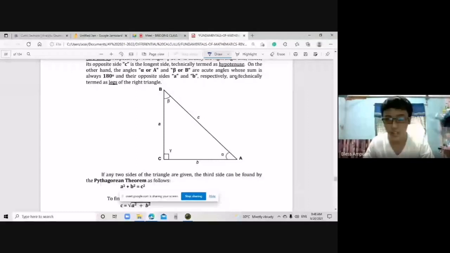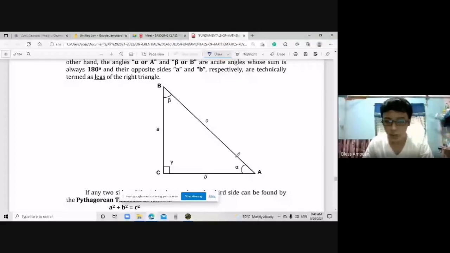Since we have two angles, we can say that side A is the opposite side of angle A, and side B is the opposite side of angle B. Side C is the hypotenuse.